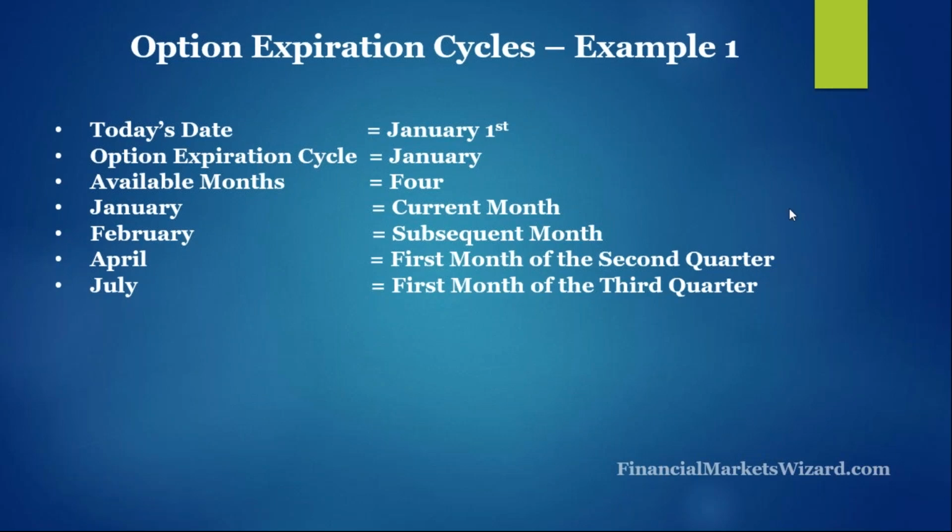Because this stock is assigned to the January cycle, it will have April and July also listed, because April is the first month of the second quarter and July is the first month of the third quarter. So if you look at the option chain at any time in January before the expiry on Friday, you will see 4 months listed: January, February, April, and July. These 4 months will always be there.